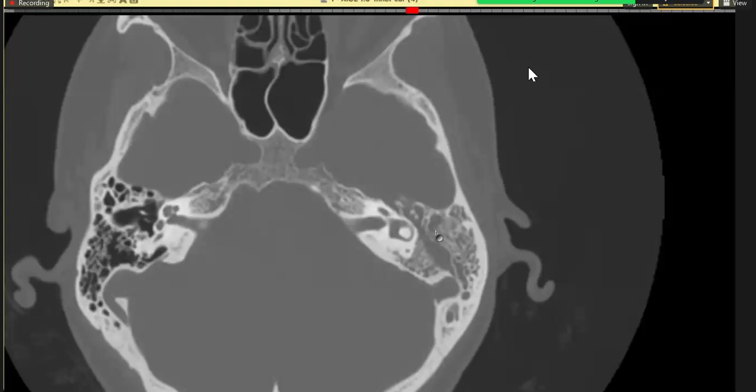There is no bony destruction, and there is soft tissue filling the middle ear and the mastoid. So I'm suspecting infection rather than malignancy. The patient has no signs of infection or anything.